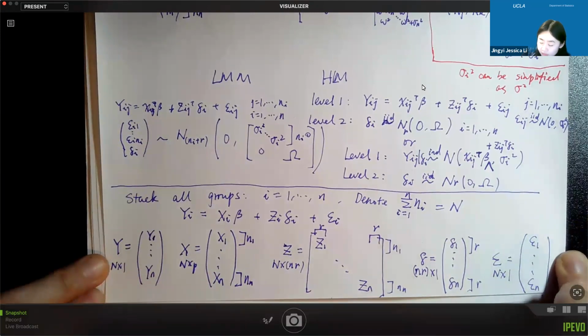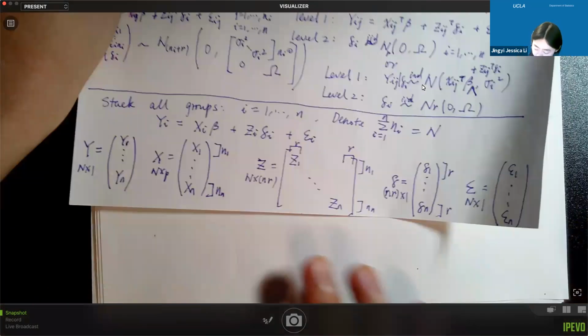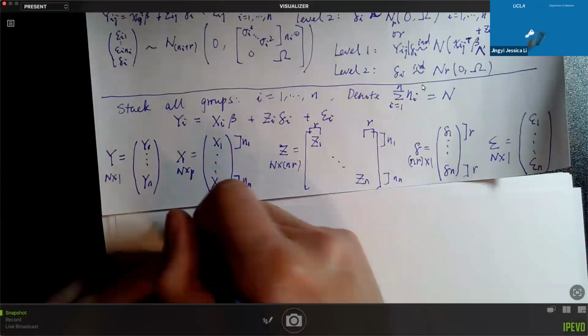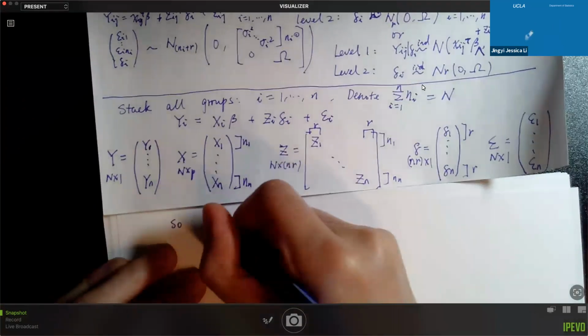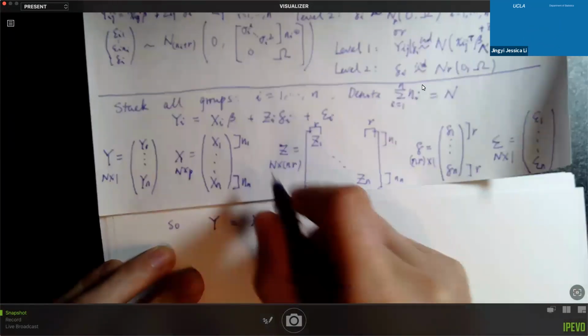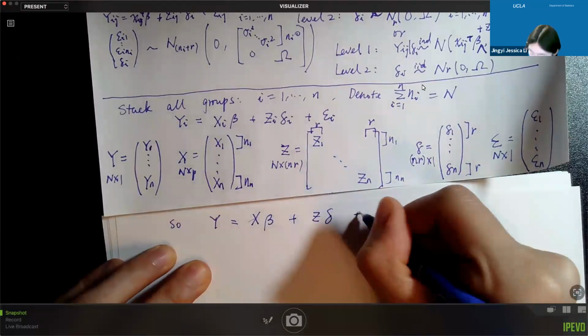So you see, with this matrix notation, I can stack all my groups together. So I have a common matrix formula for all groups. So I can write Y equals X beta, beta is the same beta, plus Z delta plus epsilon.